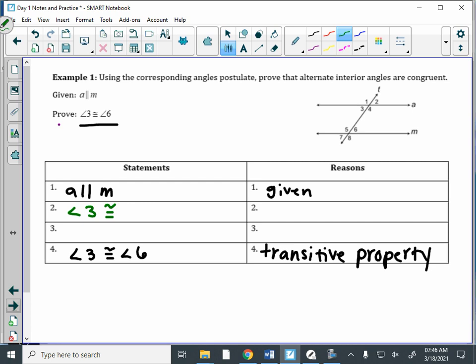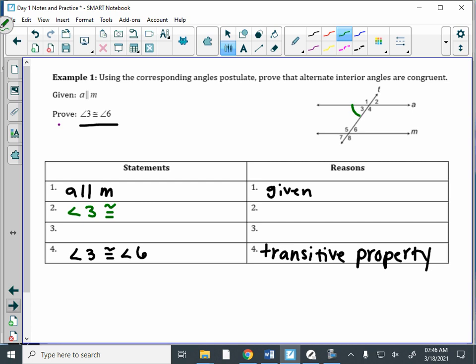So looking at that diagram, I have to pick another angle that's congruent to angle 3. And we don't have a word bank, so it can be any angle. And there's 2 of them. I'll give you a hint. Just has to be one. Looking at that diagram, what's another angle congruent to angle 3?